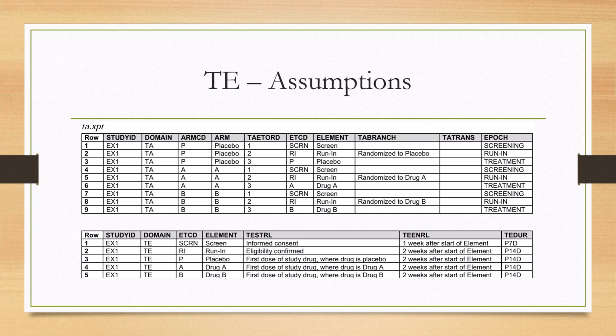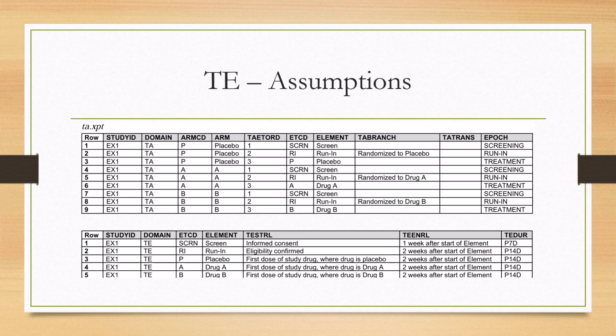Now let's understand how they have to be independent of the epoch as well. Here the elements placebo, drug A and drug B all come under the treatment epoch for the different arms. But when we define the start rule for these elements, it has to be independent of epoch as well as arm.